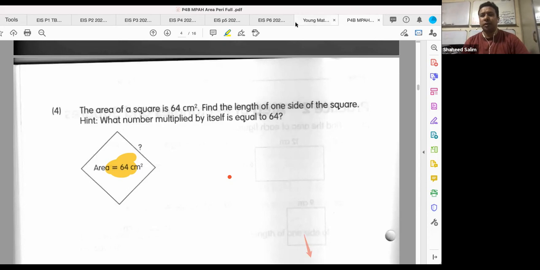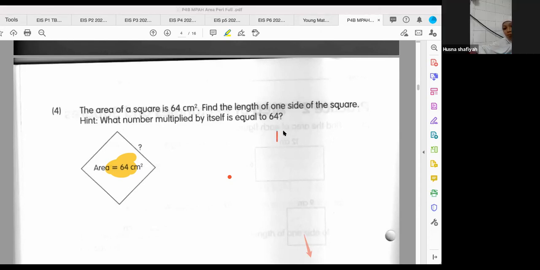Let us see whether your answer is correct. Again, you divide by 4. Don't divide by 4. We didn't ask you to find the perimeter. Sorry. You try again.